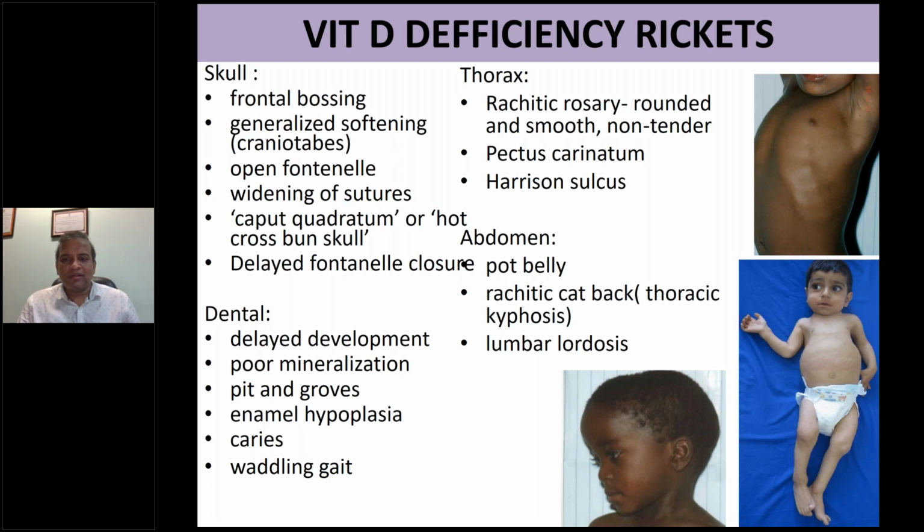There will be Harrison sulcus, which is basically a groove appearing in the rib cage along the attachment of the diaphragm. In the abdomen, there can be pot belly, and thoracic kyphosis, which is otherwise known as rachitic cat back, and there may be lumbar lordosis.